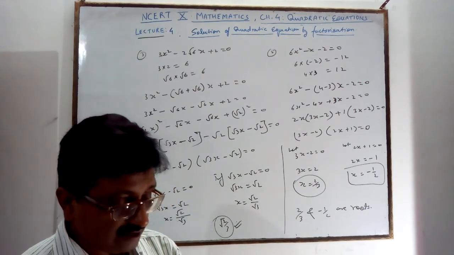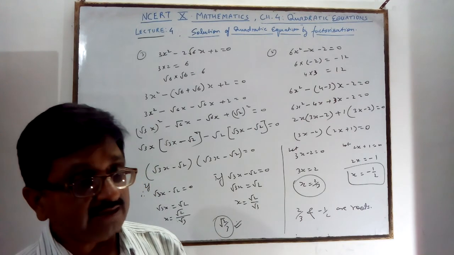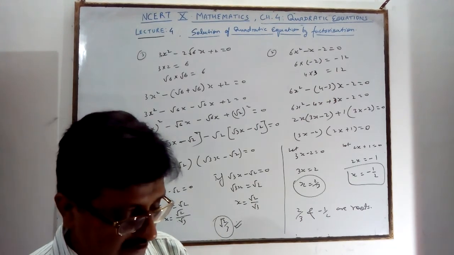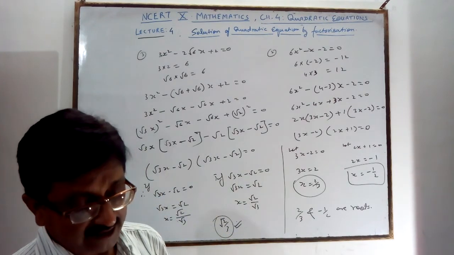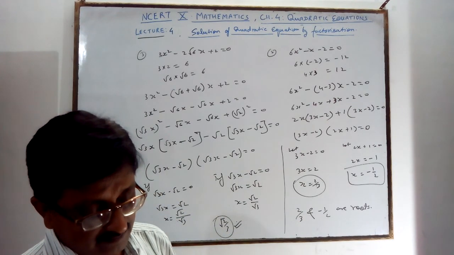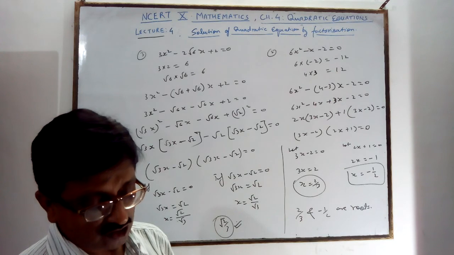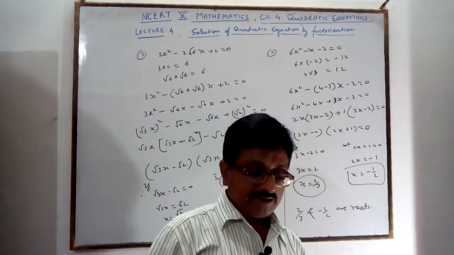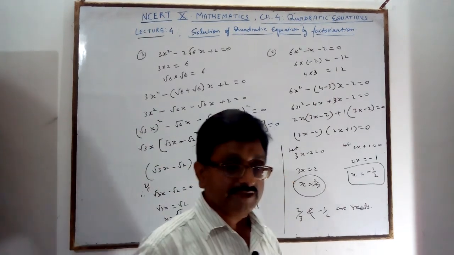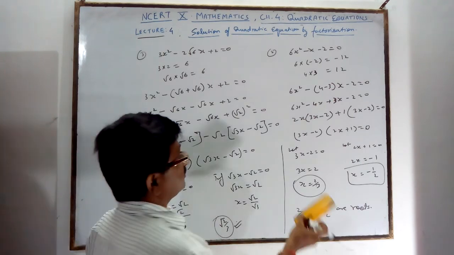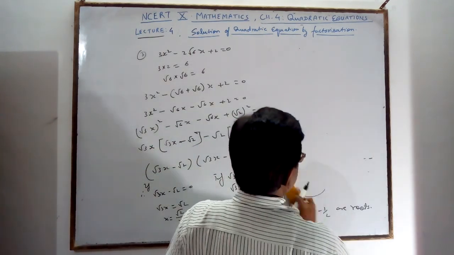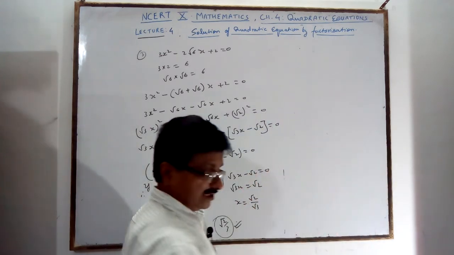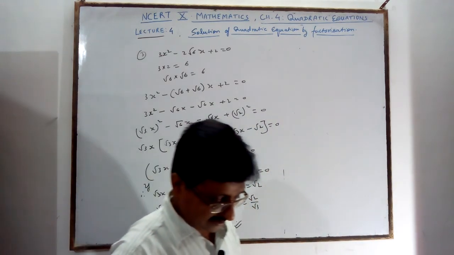And one example, a statement example is given, length and breadth relation is given. The length and breadth both have a relation. Then how will you solve? Length is 1 meter more than the breadth. It is given, and the area of that rectangular plot is given as 300 meter square.